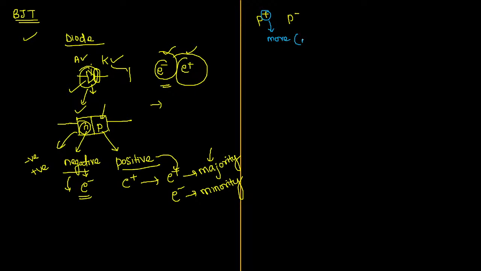That is called majority charge carriers. If it is represented by P minus, then that layer is carrying minority positive charge carriers. Minority means in that layer the doped amount, the concentration of positive charges, is very less, and its count is very less.